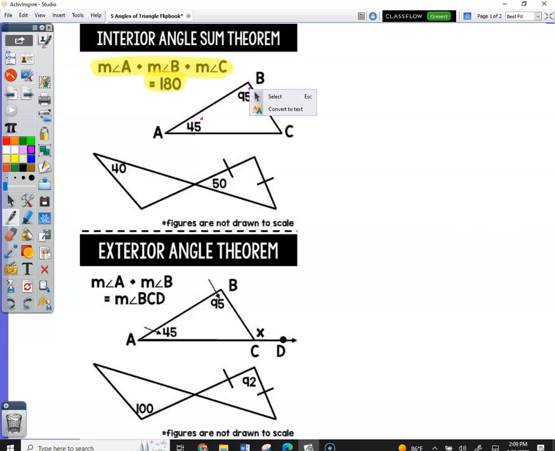But if you look at this picture, we have a triangle with 2 angles that we know, which means we have enough info to find the 3rd angle. There's 2 ways to do it.